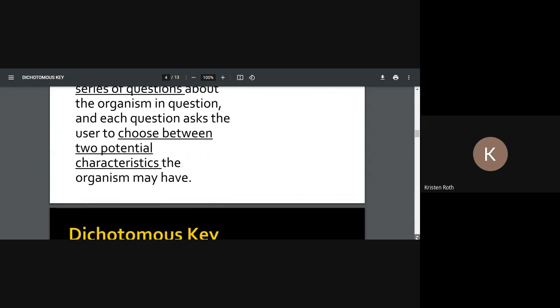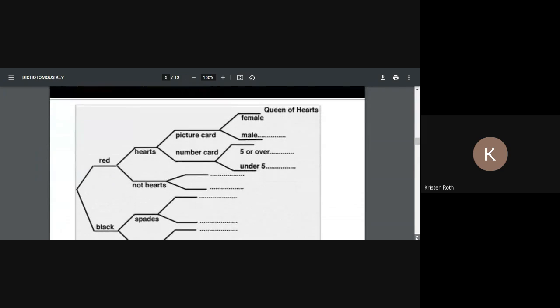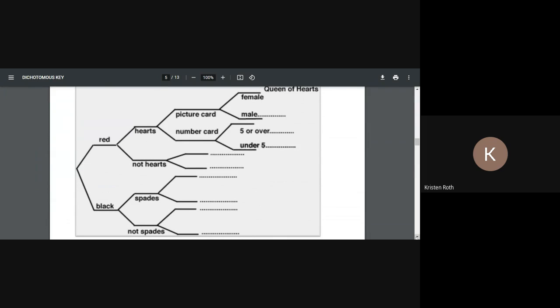Okay, so let's look at an example. All right, so here's a dichotomous key. If you were to draw a card out of the deck, there's 52 cards in a deck. So you draw out a card, and I say, okay, is it black or red? And you would say red.